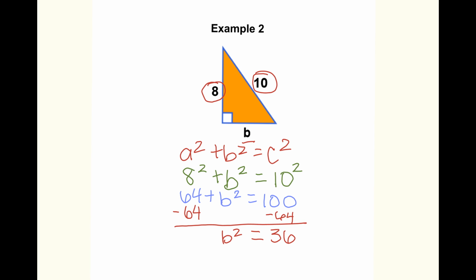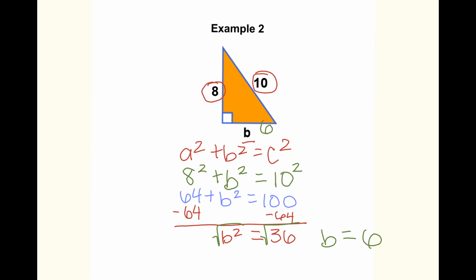And then my last step is, since that b squared is 36, I need to figure out what b is. So I'm going to be taking the square root of both sides. So when I get my answer, I'm going to get that b is equal to, this time, 36 is a nice, perfect square. So I know that the square root of 36 is equal to 6. So b is going to be 6.